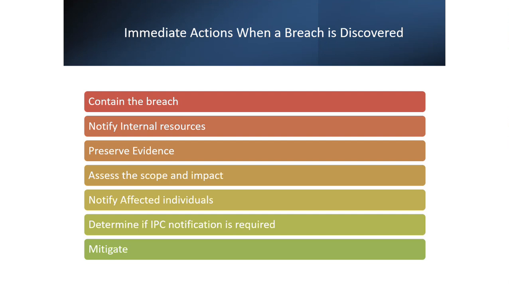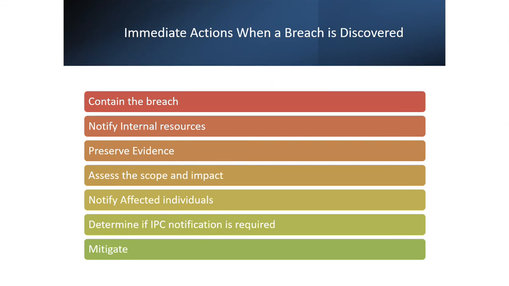We're going to go through that in more detail later, but you need to notify the affected individuals as soon as reasonably possible. That doesn't mean the moment it happens. That means reasonably possible. So you need to do your investigation and figure it out, right? You can't just be sending stuff off half-cocked willy-nilly.